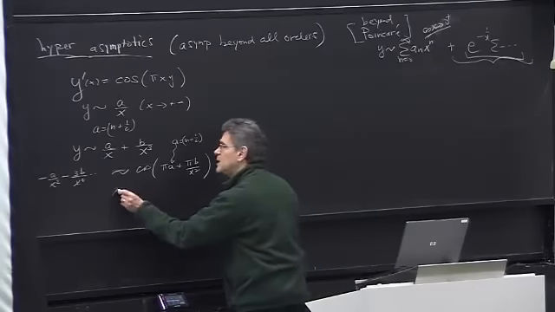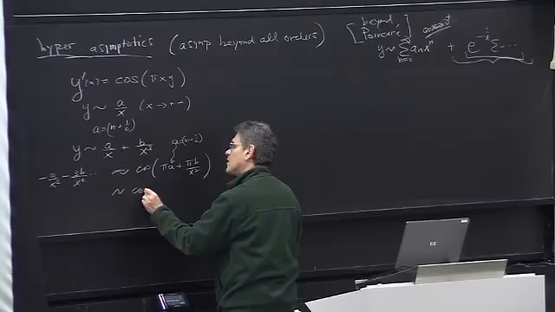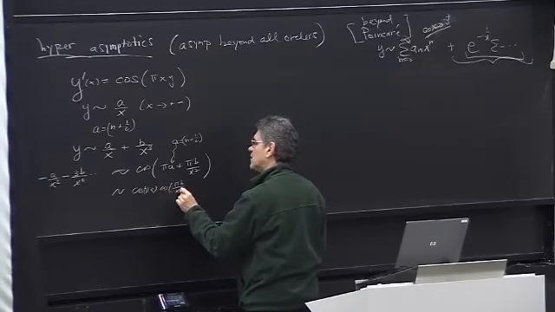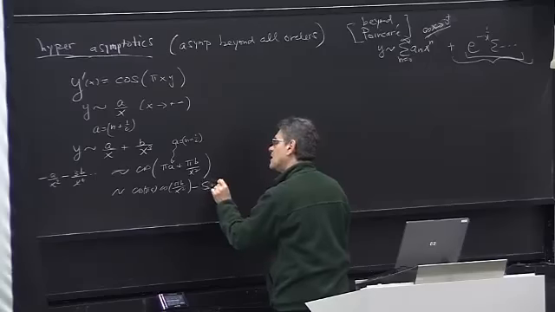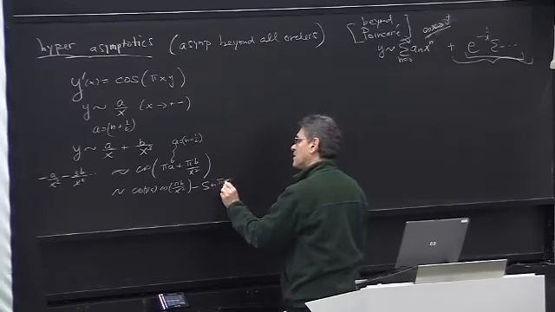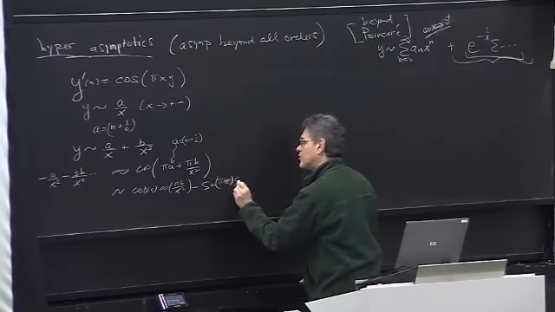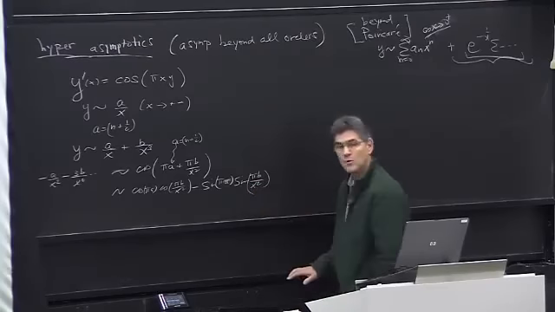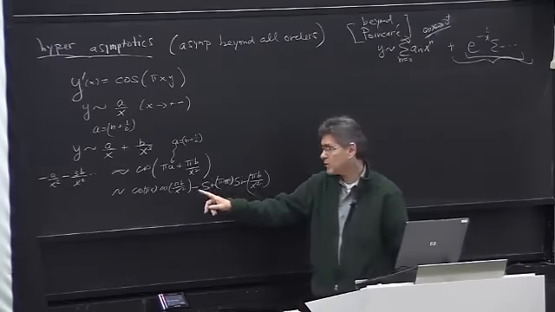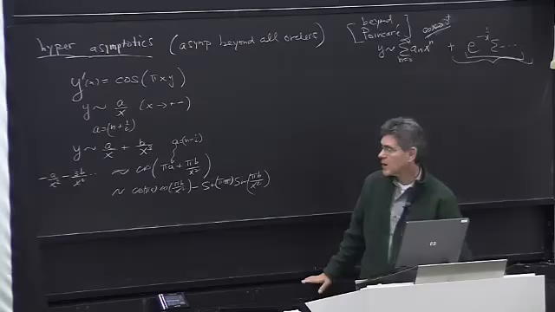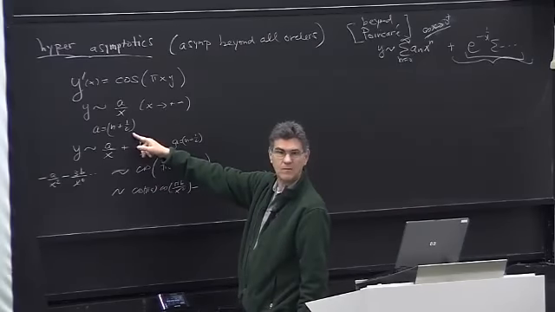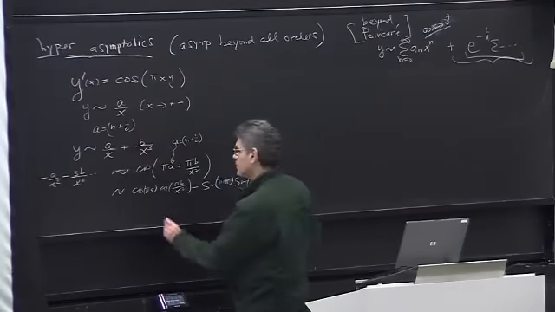This would be cosine of pi a times cosine of pi b over x squared, minus sine of pi a times sine of pi b over x squared. Cosine, cosine, minus sine, sine. What is cosine of pi a if a is n plus 1/2? 0. So this is 0.